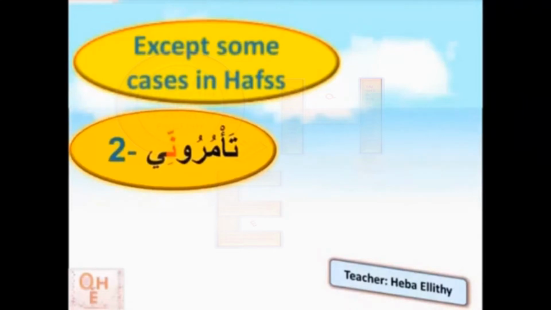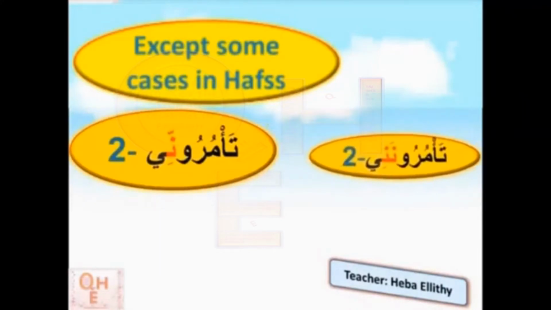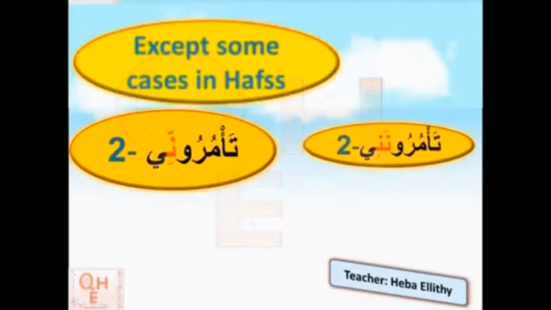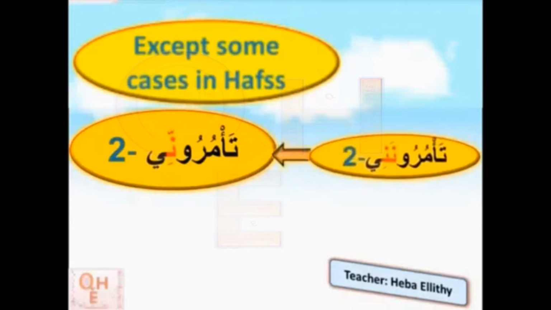But this word in the real Arabic and grammar is ta'murunani. Noon fatha and then followed by noon kasra. What we made here, we make this fatha sukun and then we merge, idgham, to become ta'muruni instead of ta'murunani.